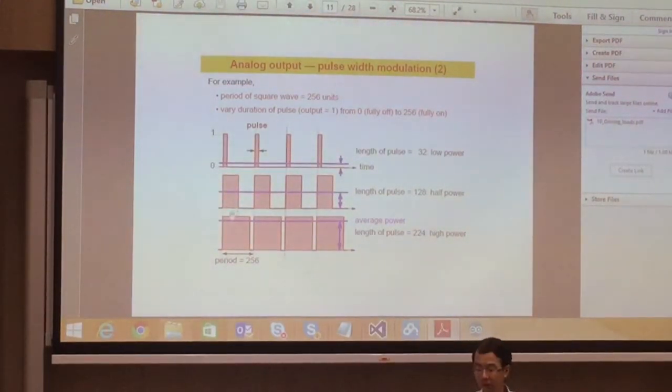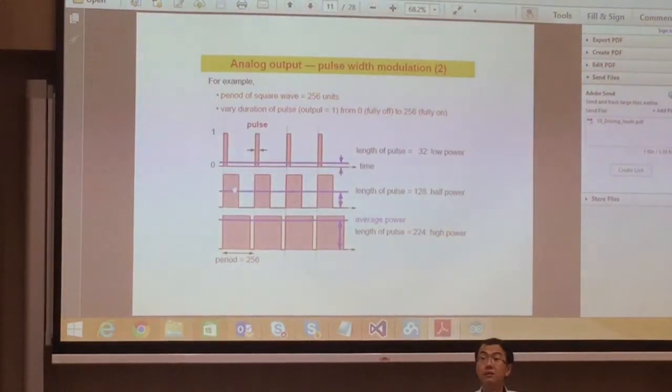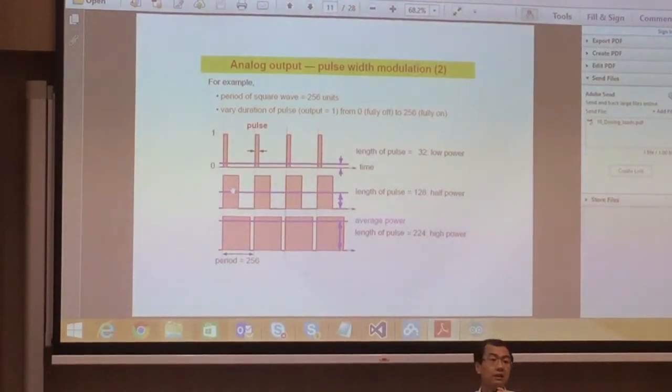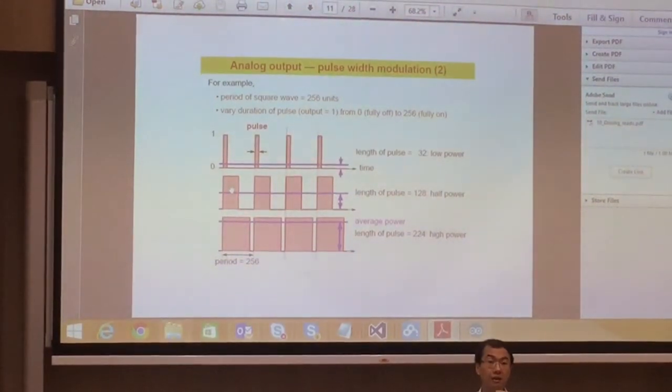It's half 0, half VDD. So what is the average value? It will be half VDD. That's the average.